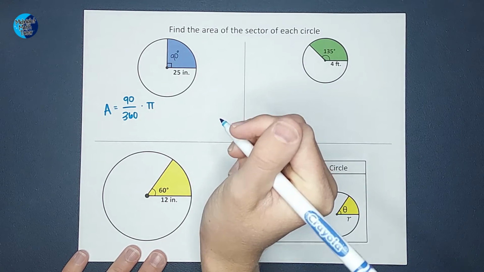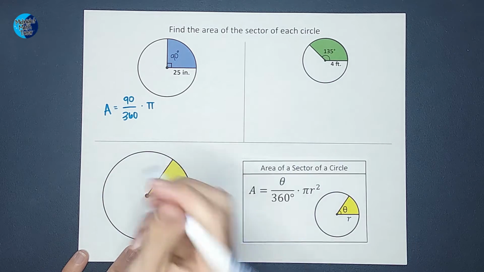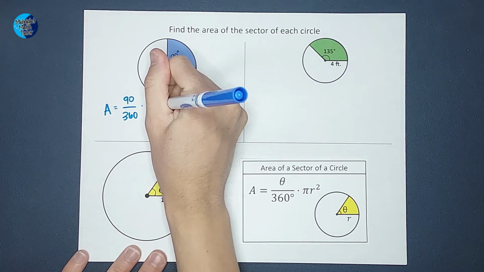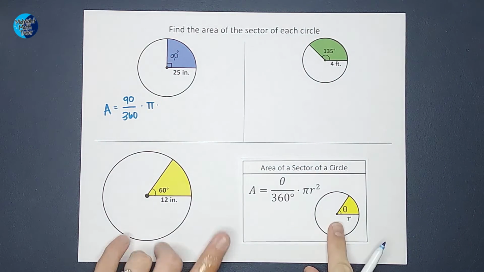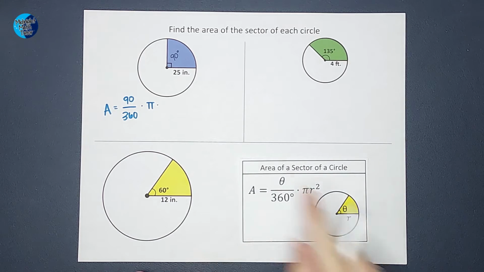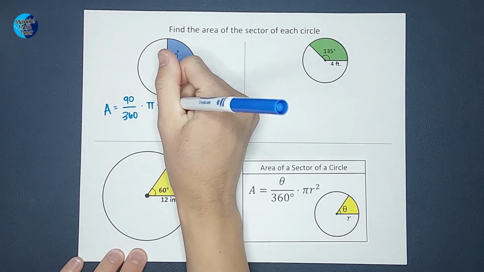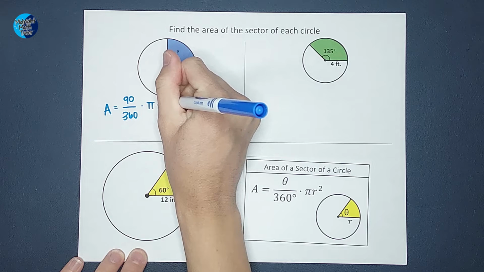If you need a reminder of what pi is, I'll link a video in the corner for you. Times my radius, that is from the center of the circle to the edge, right? So here it's labeled as 25 inches.